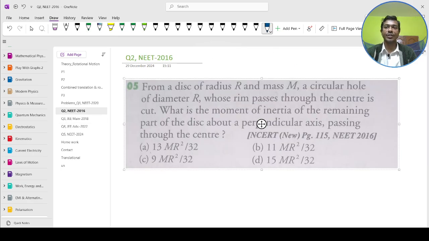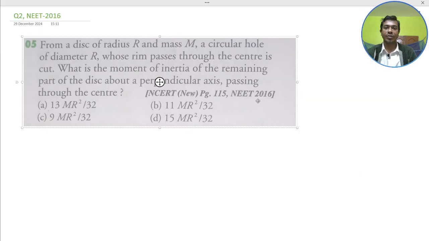The next problem is from NEET 2016. From a disc of radius r and mass m, a circular hole of diameter r, whose rim passes through the center, is cut. What is the moment of inertia of the remainder?